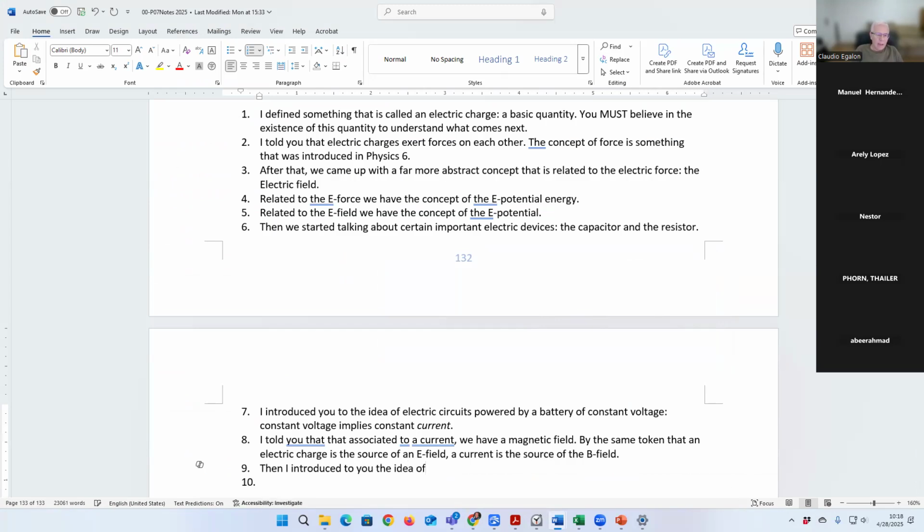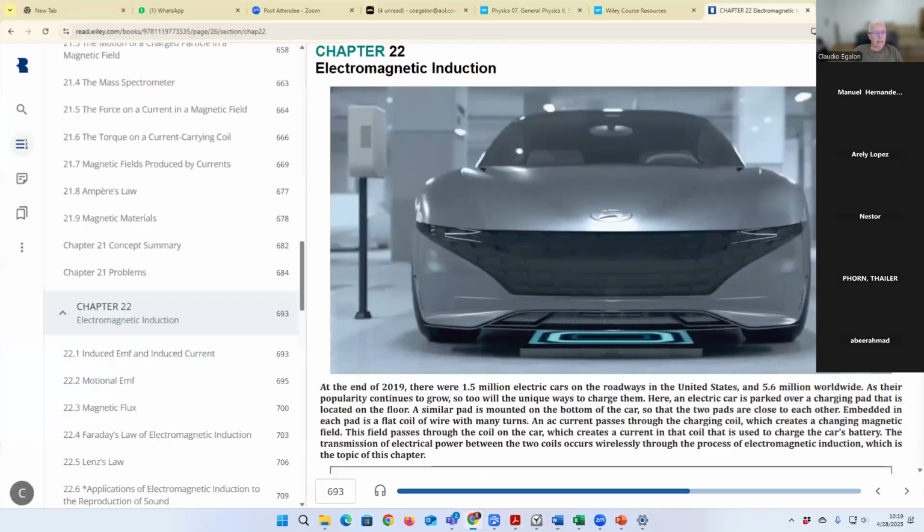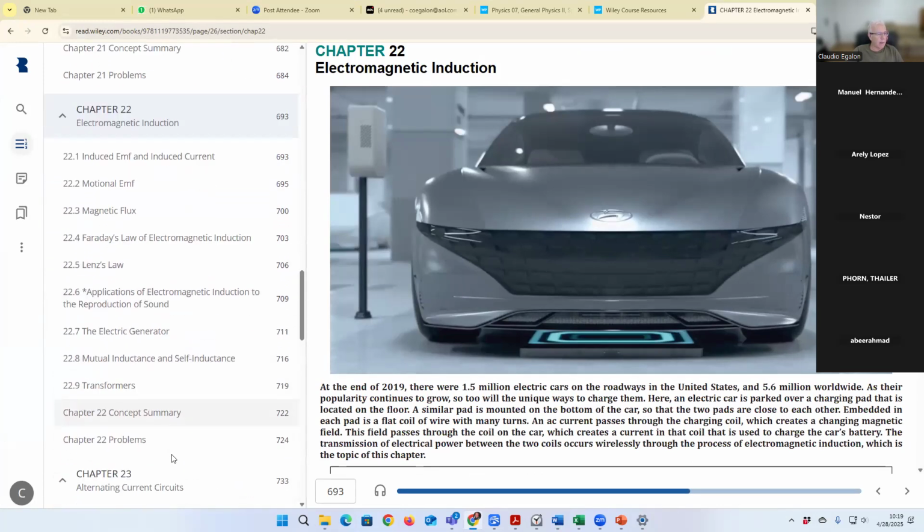A varying magnetic flux induces an electric current in a circuit. That's the key idea behind that. Electromagnetic induction.